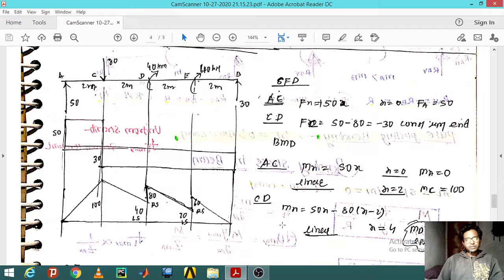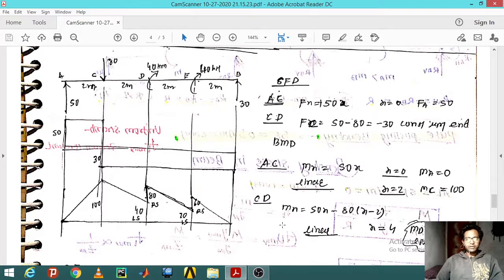So this 30 kilonewton is going to be constant throughout the CD, DE, and EB portions. But at the end point of the beam at point B, there is a 30 Newton meter moment acting in the upward direction, so it is going to be zero at that moment.